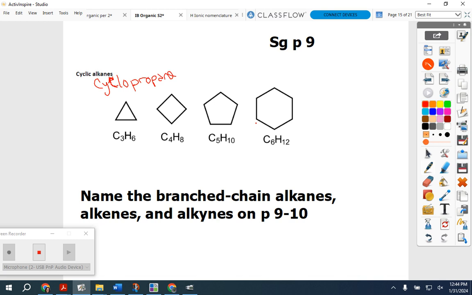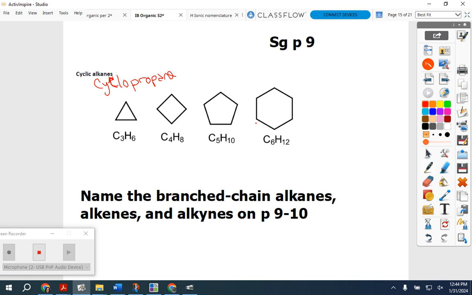And there's some particular naming when we're talking about a ring, which I don't think you need to. Yeah, I think it's HL curriculum to cover that. So you're not going to have to name anything complicated within a ring structure.